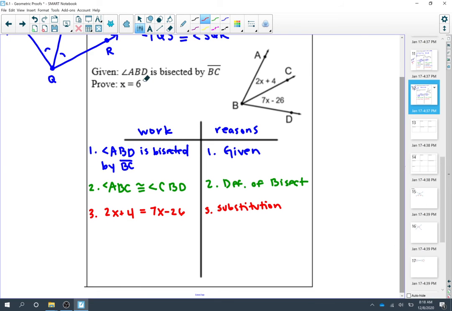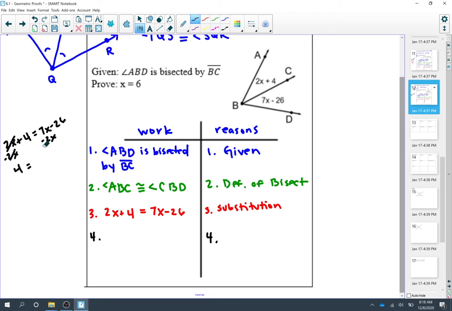Now we have to prove that x equals 6. So I'm going to put some scratch work. Okay, now I haven't mentioned this yet, but at this point, there's more than one way to solve this. So even if you don't solve it the way I solve it, you could still get the correct answer. Just make sure you're only doing one thing at a time. So I personally am going to subtract 2x.